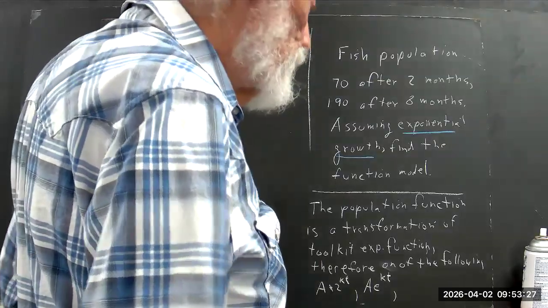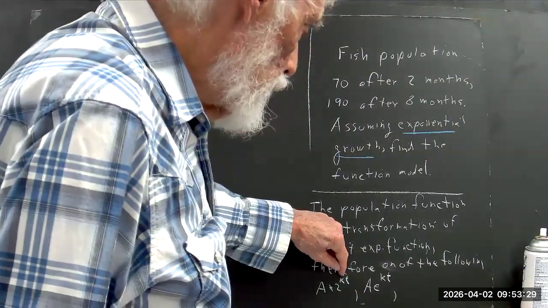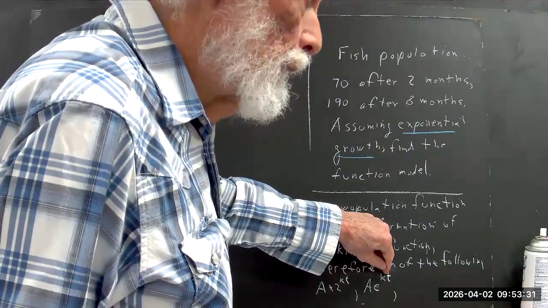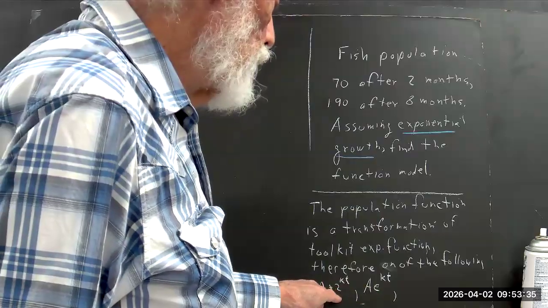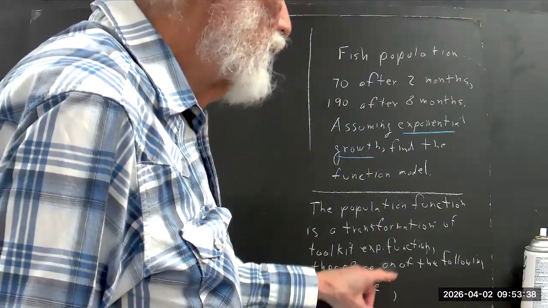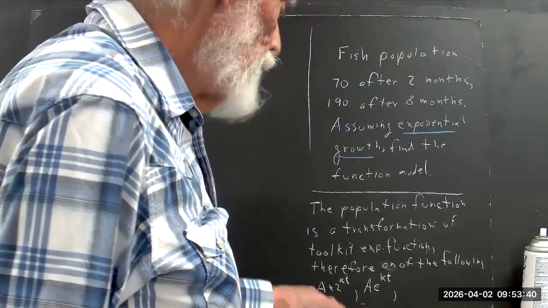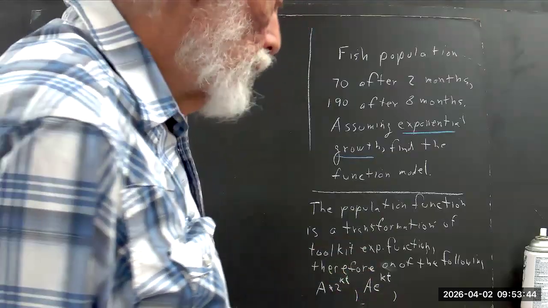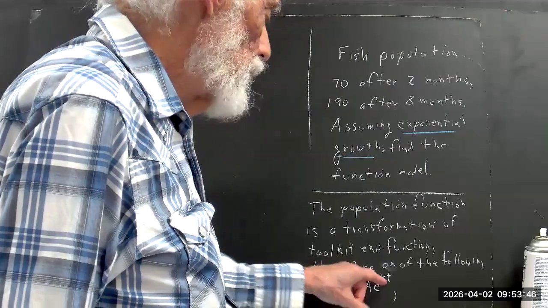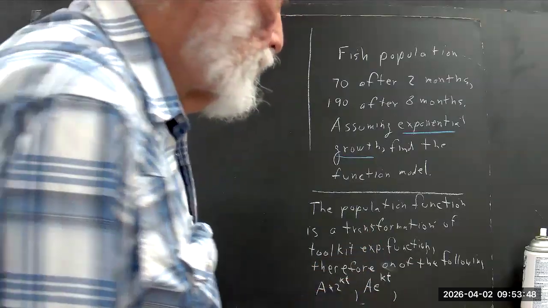Also, the k here and the k here are different numbers, because the k that you use for base e and the k that you use for base 2 are going to obviously be different. If you use the same k both places, you'd have 2 different models.